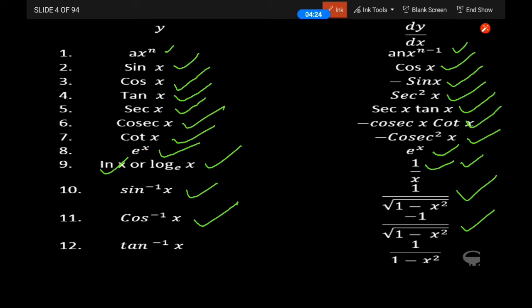And finally, for this course, if I differentiate tan inverse of x, I'll be getting 1 over 1 plus x squared. Please note all these things that we are looking at today. We're going to be using them to solve questions soon.